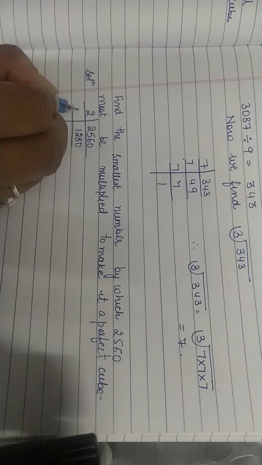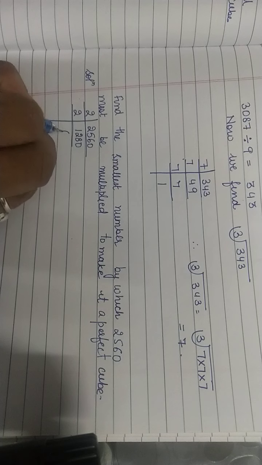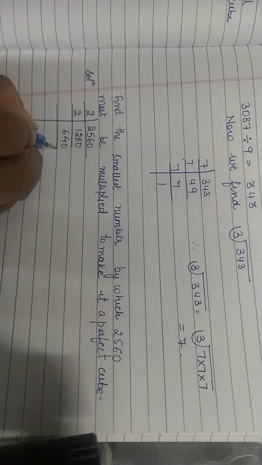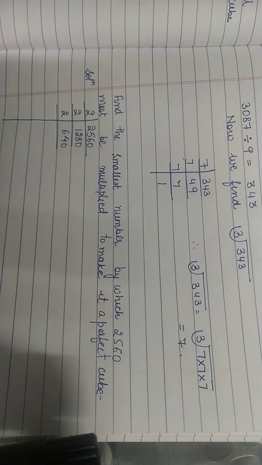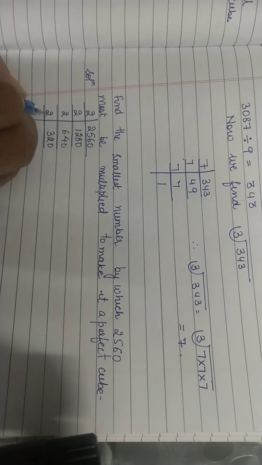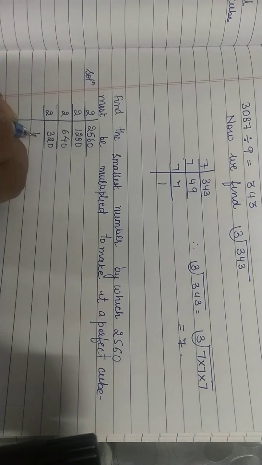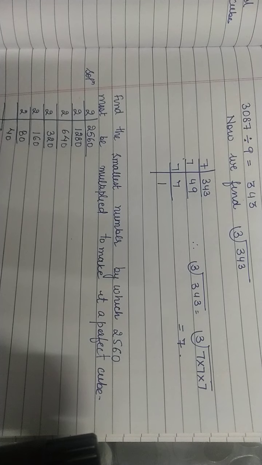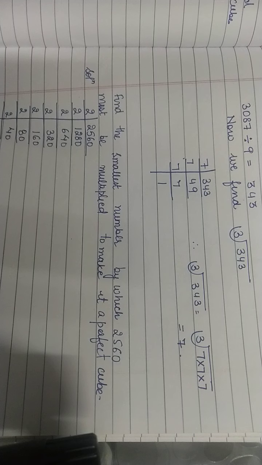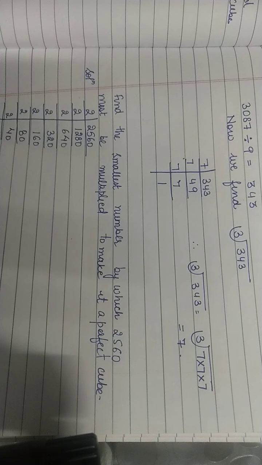1280. Again I divide it with 2 and get 640. Dividing with 2 again, I get 320. Again dividing with 2, I get 160, then 80, then 40, then 20.